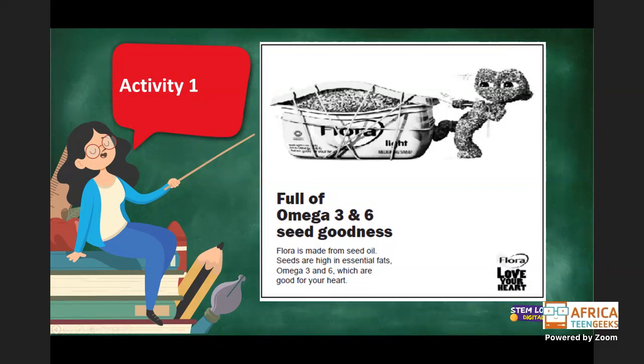So the question is, discuss how the picture used in the advertisement supports each of the following claims. It's full of omega-3 and 6 seed goodness. And B, seeds are high in essential fats, omega-3 and 6, which are good for your heart. So how would you tackle that one? What does the picture emphasize there? Look at the picture as well. A picture is worth 1,000 words, they say. Look at the picture there.